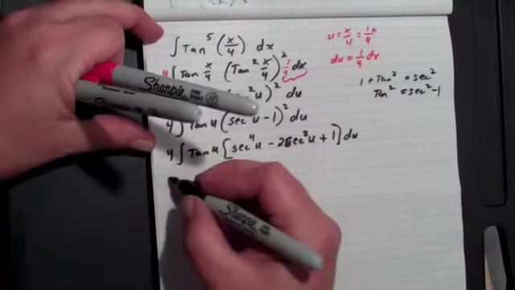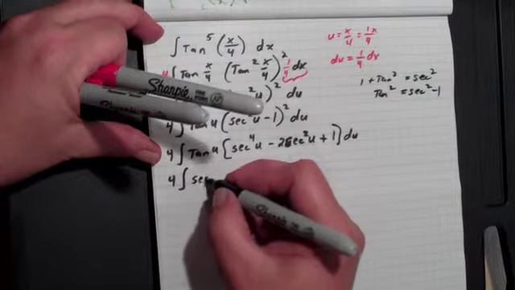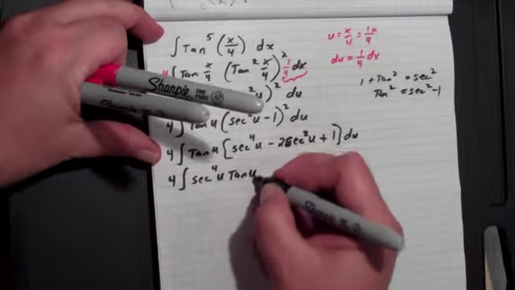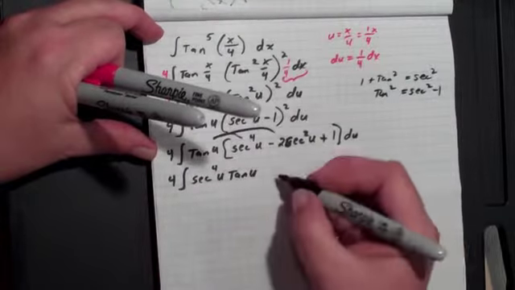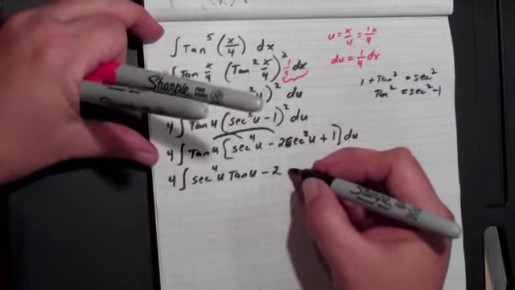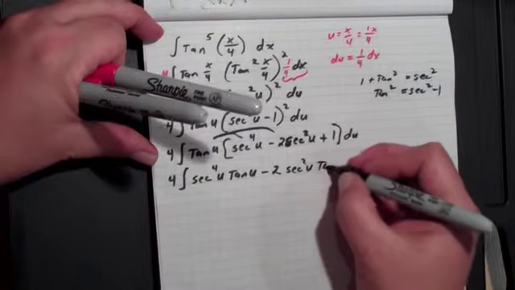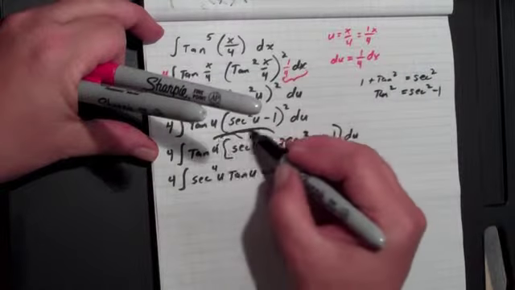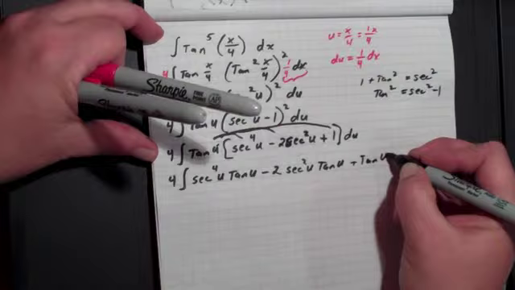Now if I distribute, I'll have secant to the fourth u tangent u, that's this first one, times, or let's see, minus 2 that is, secant squared u tangent u, and tangent u times this 1 on the end would be plus tangent of u.